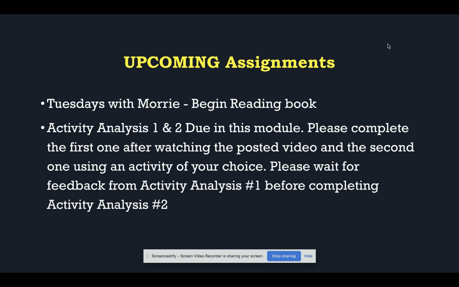After I have graded that and provided feedback, you can then complete the second activity analysis, and you're going to do that on an activity of your choice. Please wait for the feedback from me on your first activity analysis before completing your second one, because I want to make sure that you can use that feedback in order to better your understanding of the content and information, as well as ultimately improving your grade if needed.